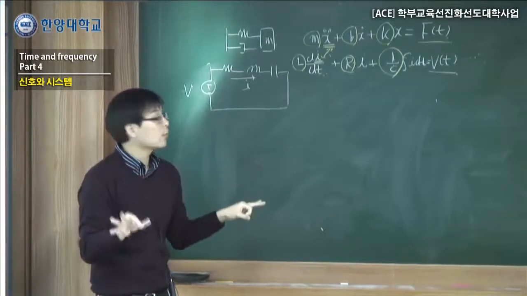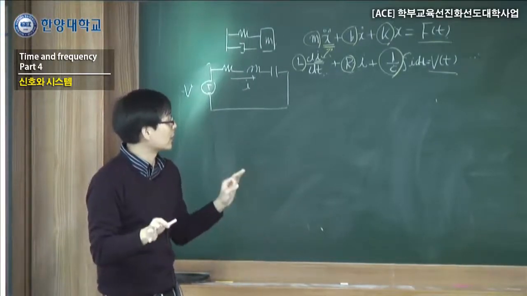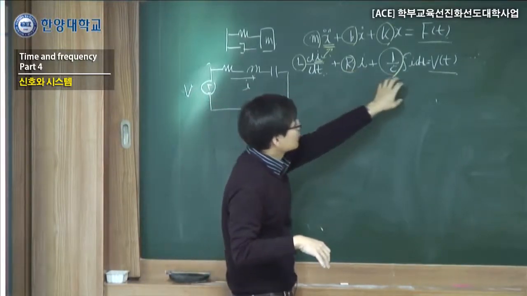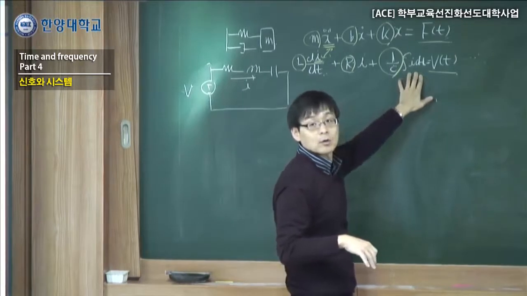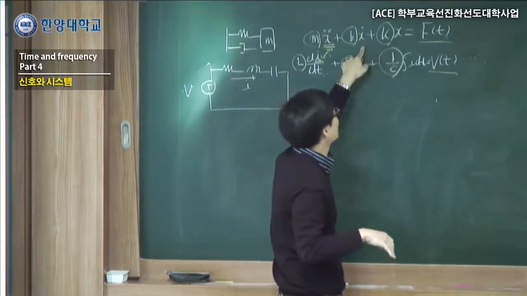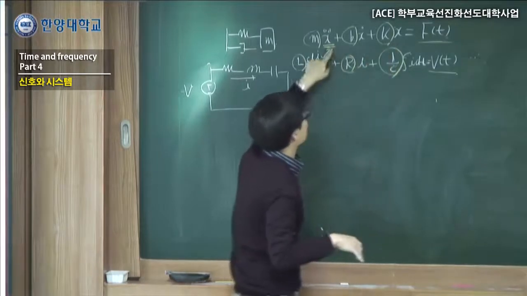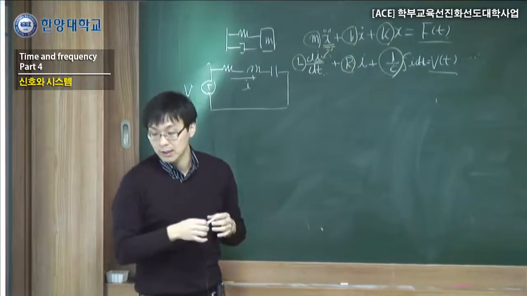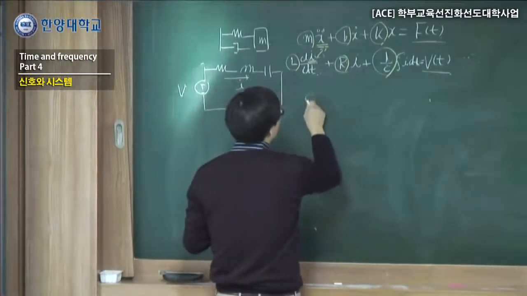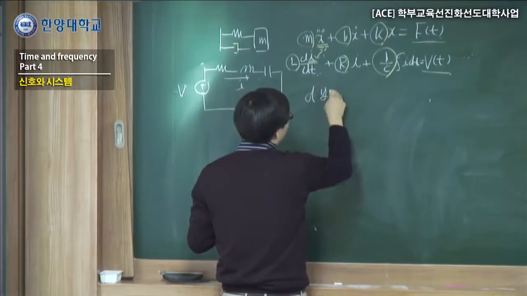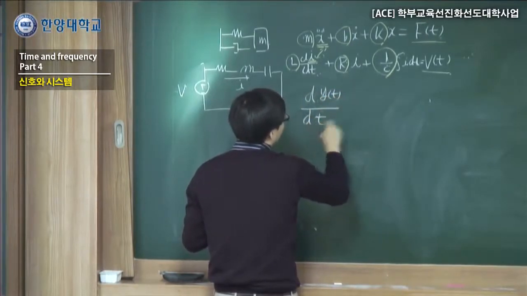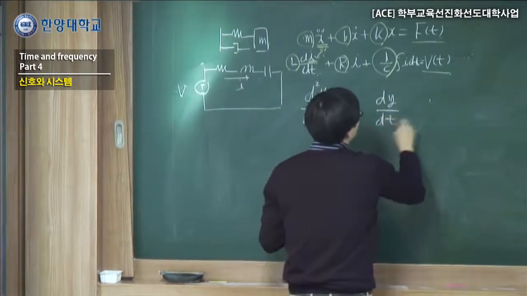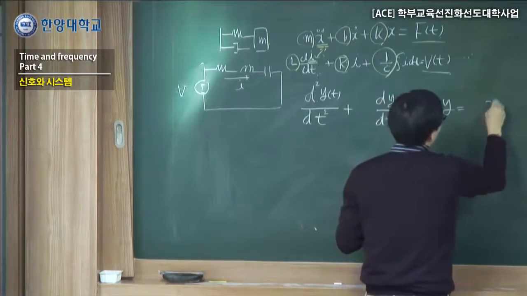However, what you can see from here is several simple things. Assuming that this is the basic variable, with one-time differentiation and two-time differentiation, it is given by a second order differential equation like that. So we can model them as d²y/dt² plus some constant times dy/dt plus y equals x.